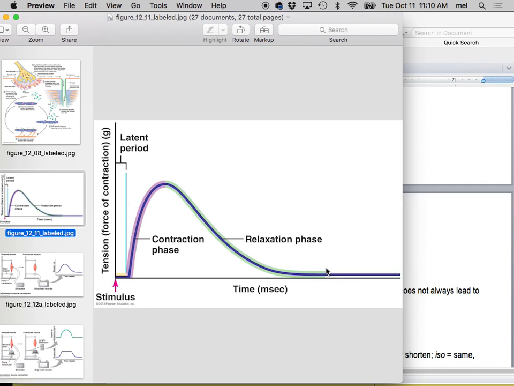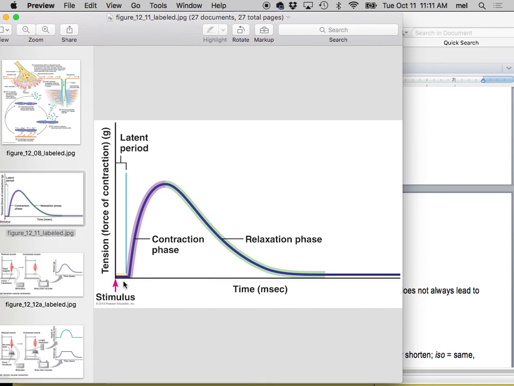First off, between the stimulus and any measurable tension generation in the skeletal muscle fiber, there's some stuff that needs to happen. I want you guys to tell me what's happening. Right here is where I actually generated a depolarizing graded potential on the muscle cell. And here is where I'm actually generating tension. So help me figure out what has to happen in between.